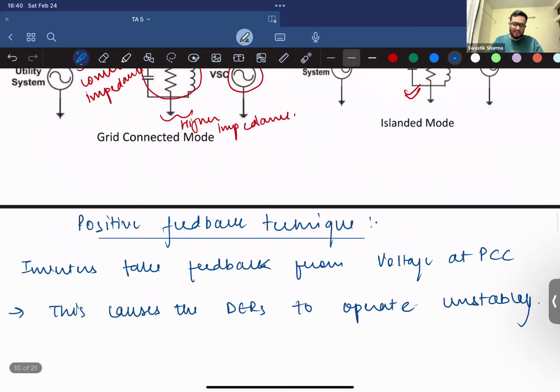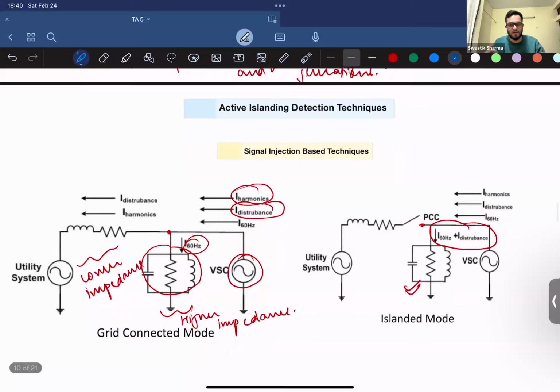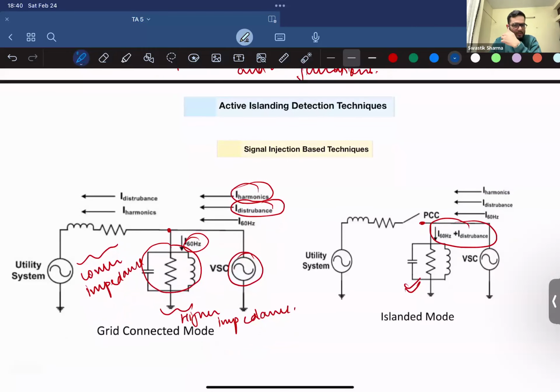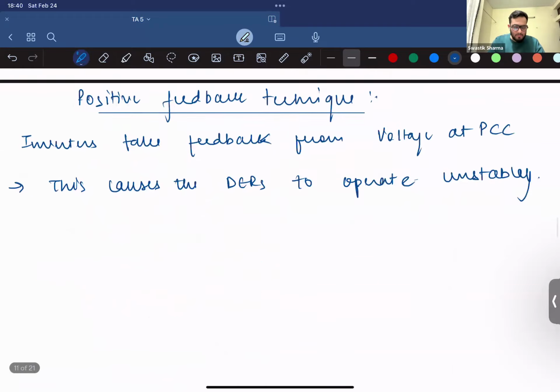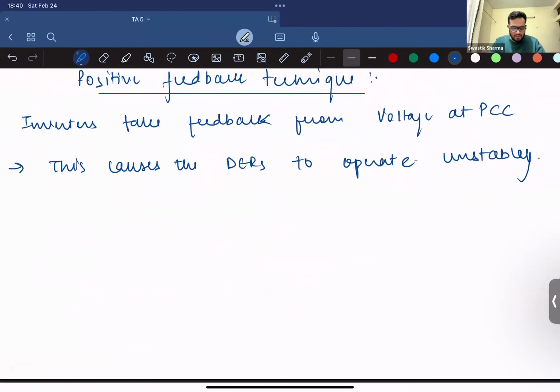So in these active islanding detection techniques, you are waiting for your system to go into an unstable region, or you are causing it to go into an unstable region. So these are some of the limitations of these active based techniques.